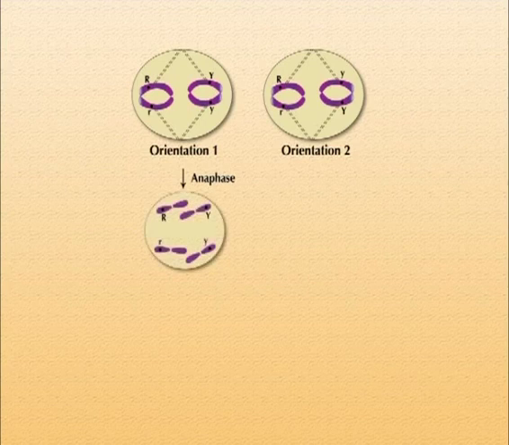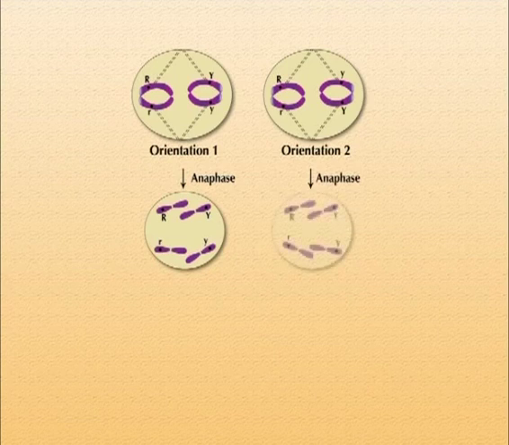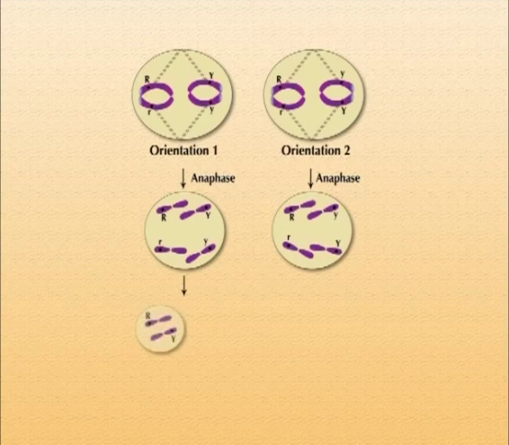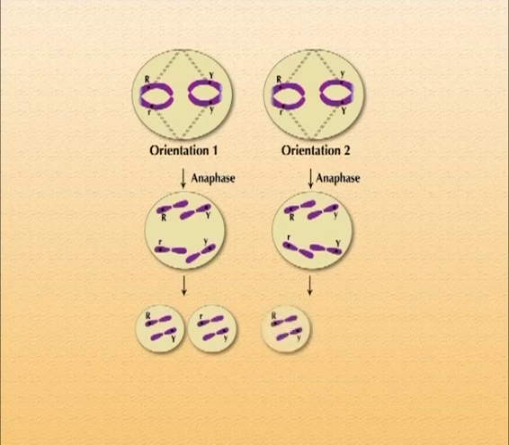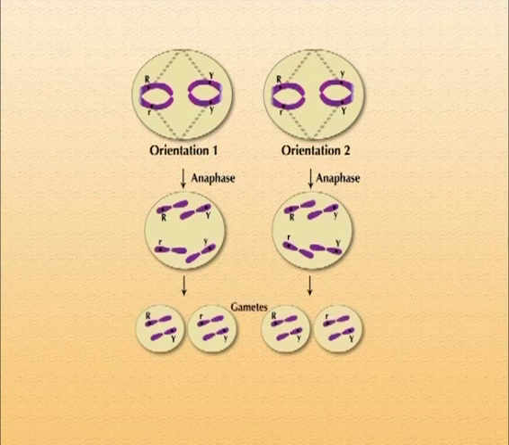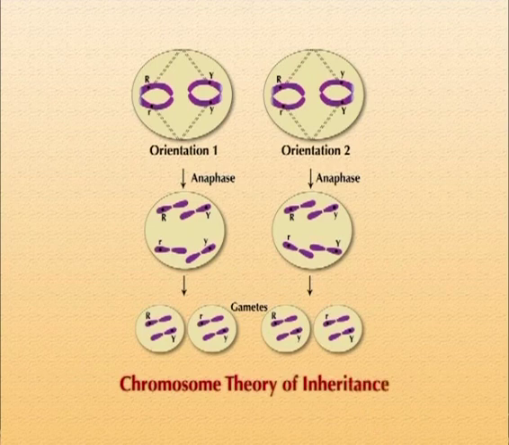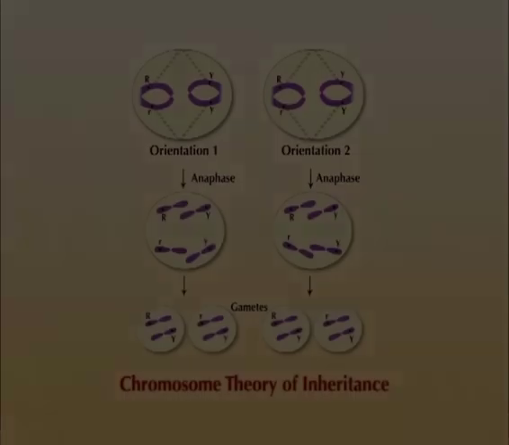This orientation of bivalents at metaphase in turn determines the movement of chromosomes towards different poles at anaphase. Since genes are present on chromosomes, the orientation of chromosomes at the metaphase plate and their movement towards anaphase will determine the distribution of alleles into different gametes. Hence, there is a parallelism between the segregation of chromosomes and Mendel's principle of independent assortment.